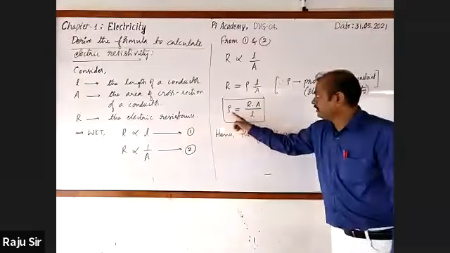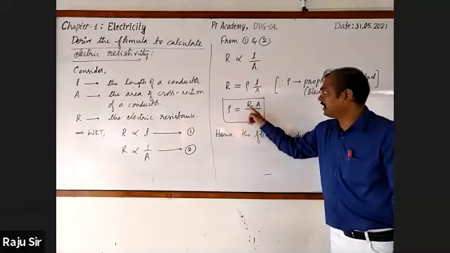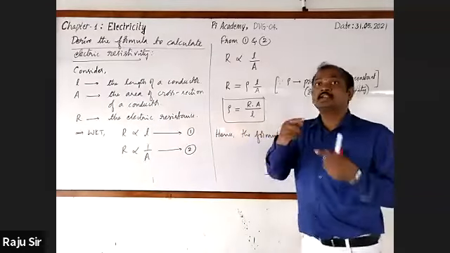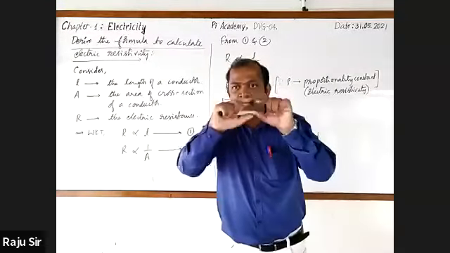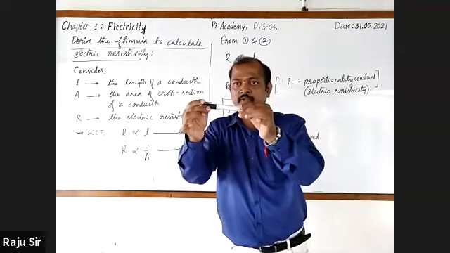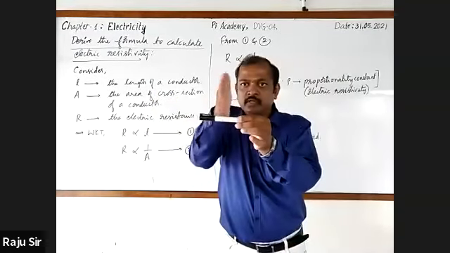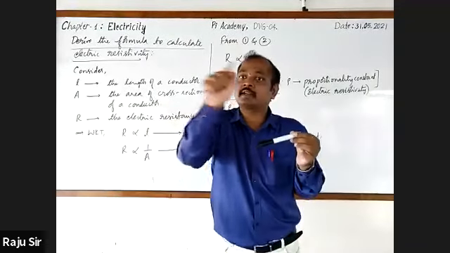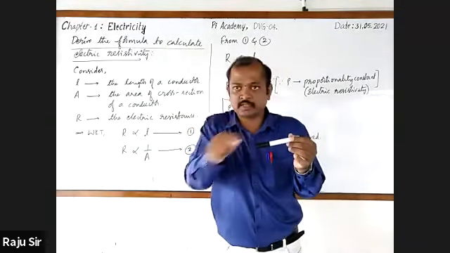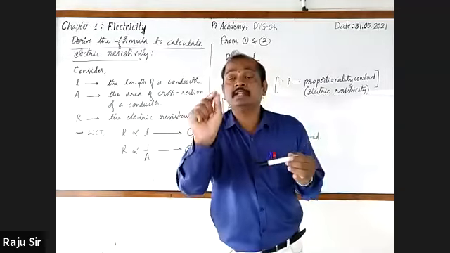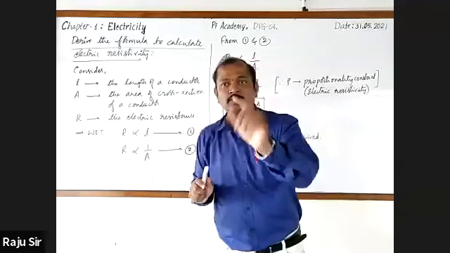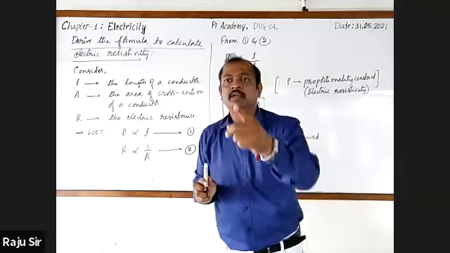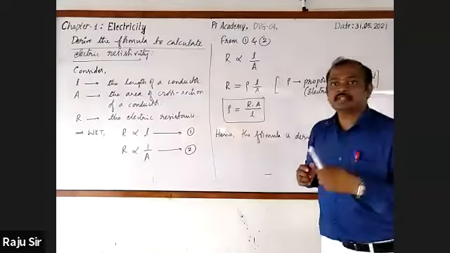Imagine you have a conductor and you cut it into a number of parts. Each part will be in the shape of a circle. It represents the area of cross section. So it is the area of a circle.